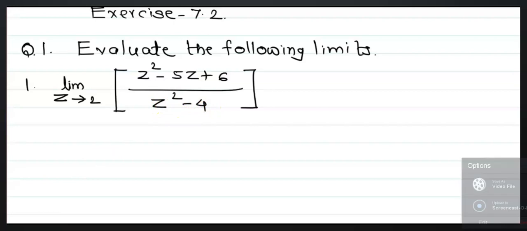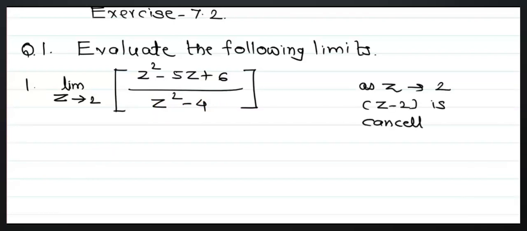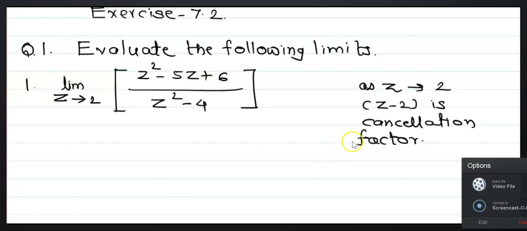Now see how I have solved this. As z tends to 2, z minus 2 is the cancellation factor. This is your key point to remember always. At limit z tends to 2, z minus 2 is the cancellation factor. And suppose the limit z tends to minus 2, then what will be the cancellation factor?